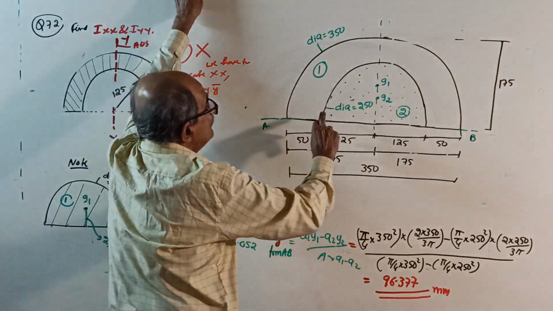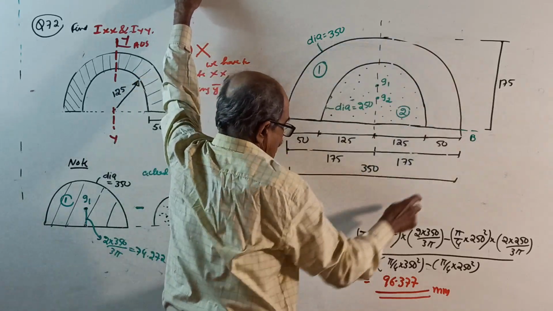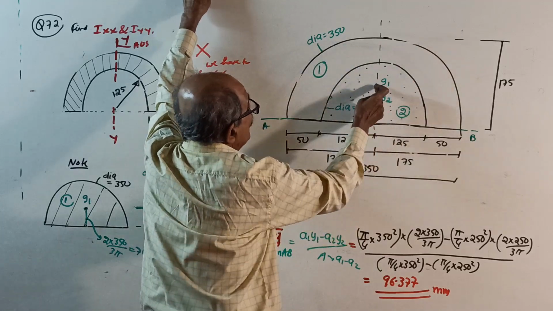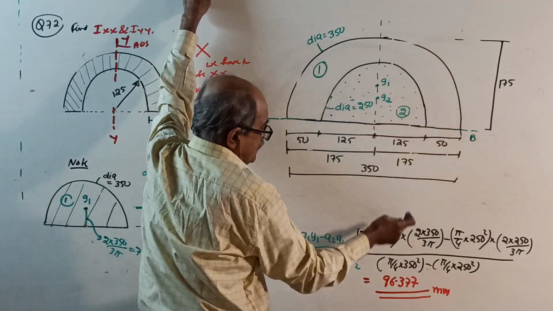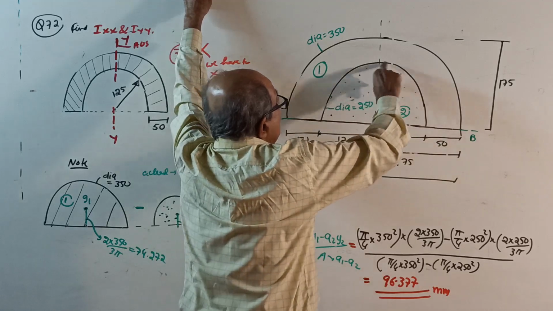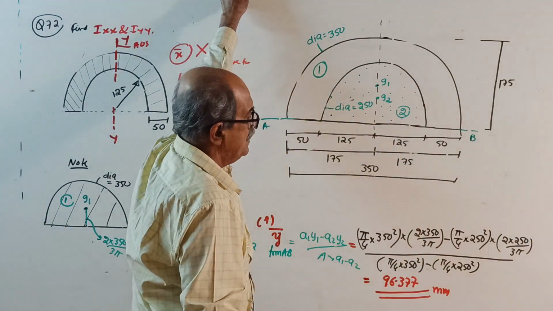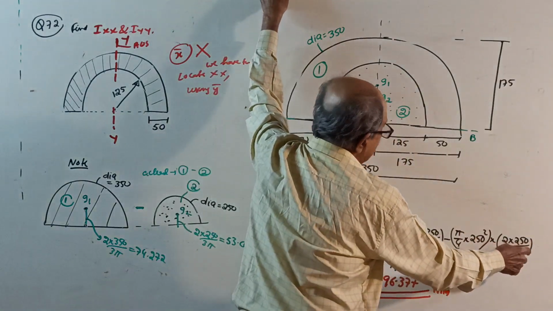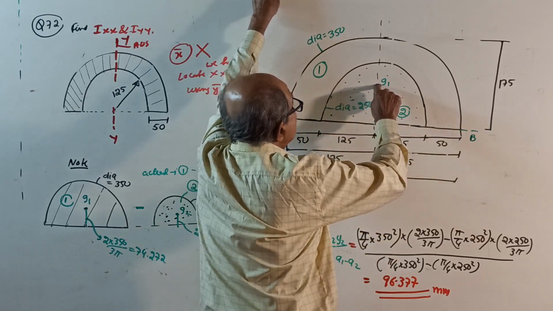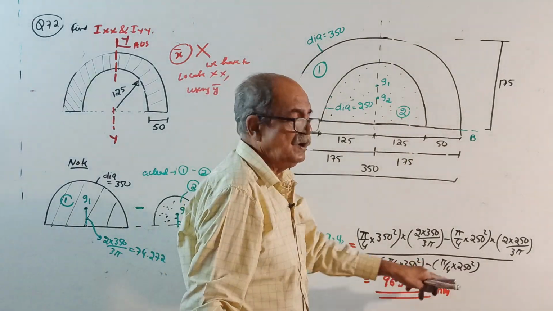The removed one is the semicircle of diameter 250. So A1 is pi by 4 of 350 square into the centroid of that one, 2d by 3 pi, 2 into 350 by 3 pi, minus the area of this inner semicircle pi by 4 of 250 square into 2d by 3 pi, 2 into 250 by 3 pi. That centroid is on the upper side, this is on the lower side. You will get divided by A1 minus A2.